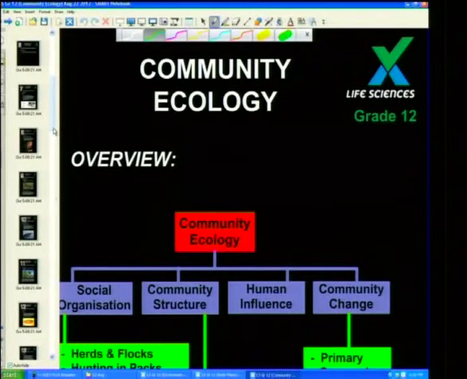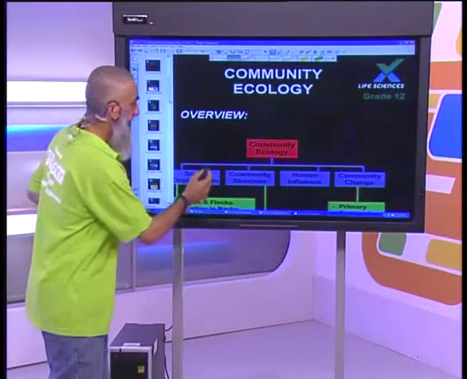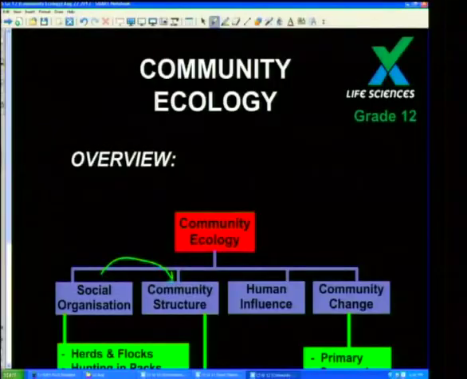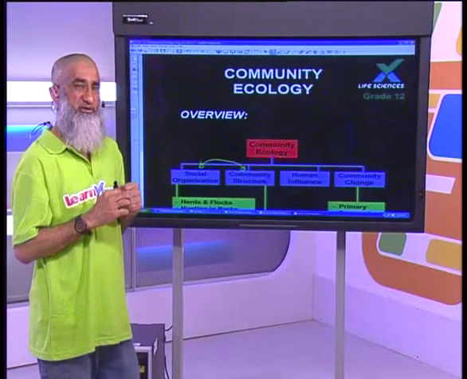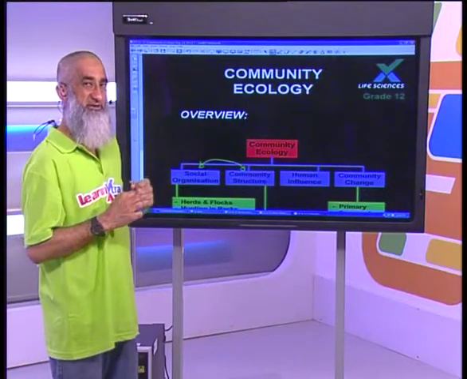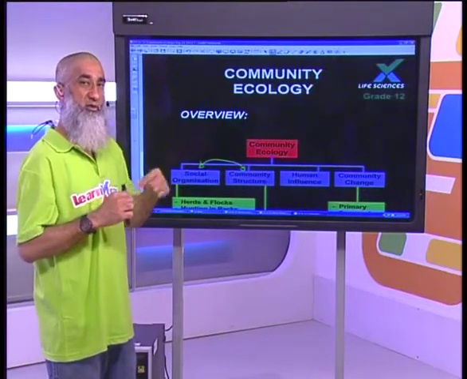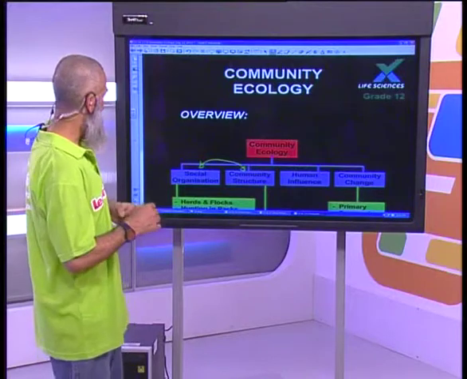The 4 main headings in community ecology are social organization, community structure, human influence, and community change. Now, the 2 that are confused are social organization and community structure. So please, guys, listen carefully as we're going to go through the slides so that you know exactly where we are and where we're going to.